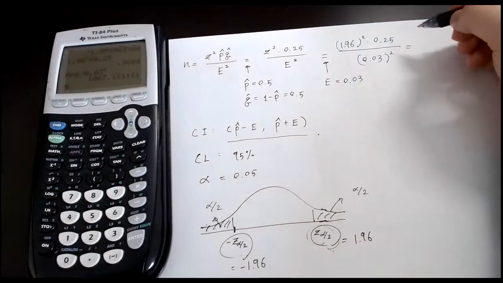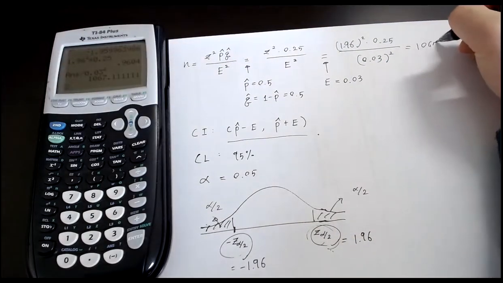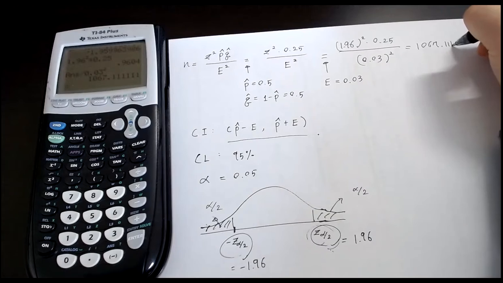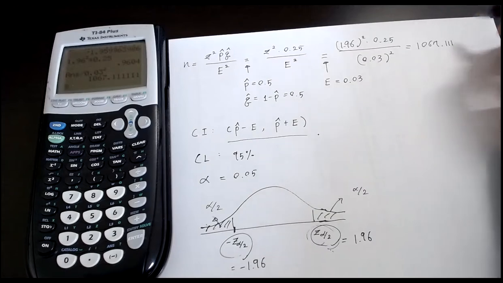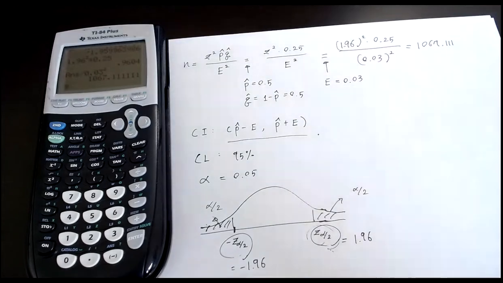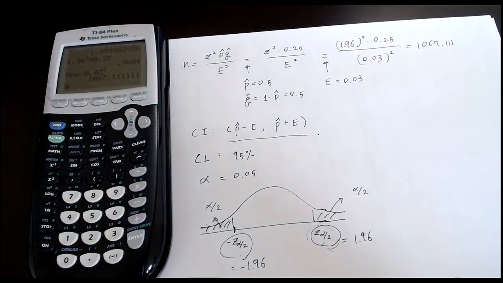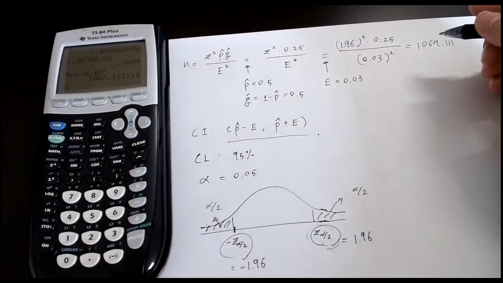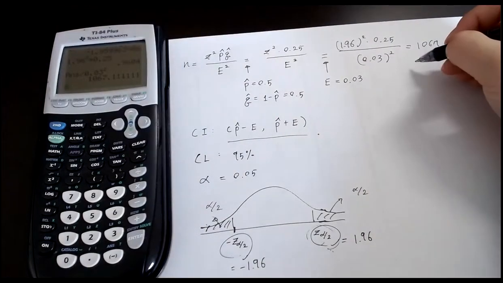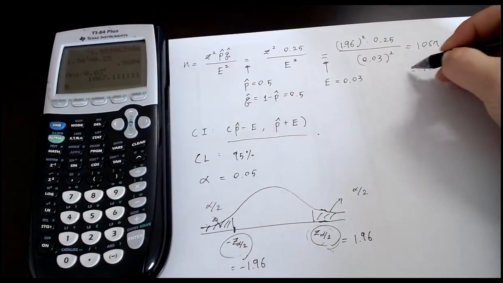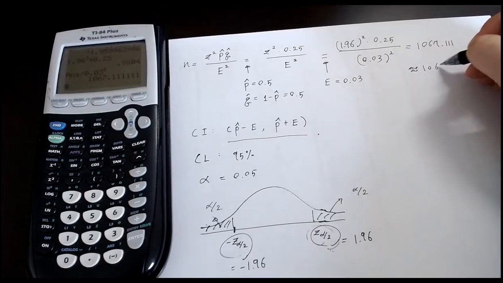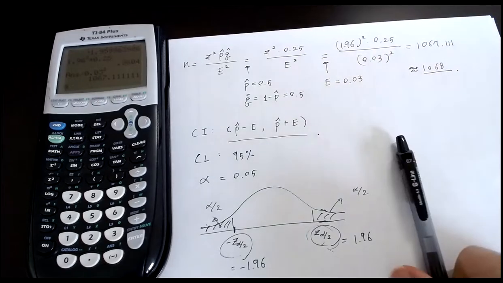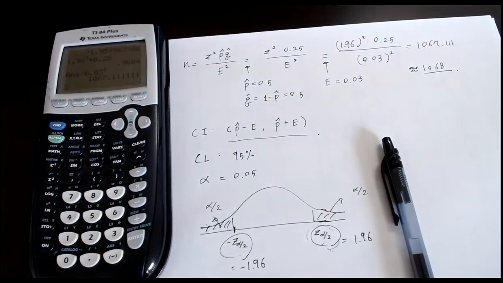I got 1067.111. The sample size must be an integer, so we round up to the next whole number, which is approximately 1068. This is how to figure out the required sample size.